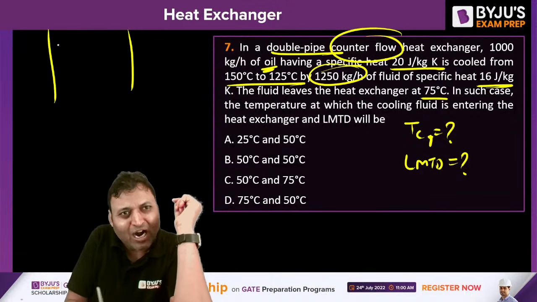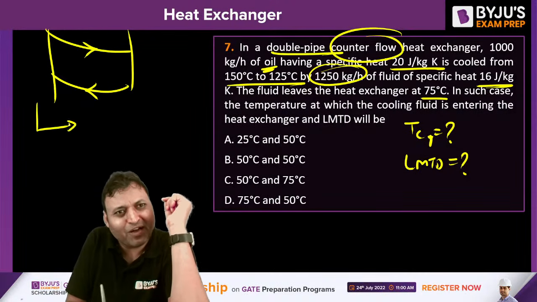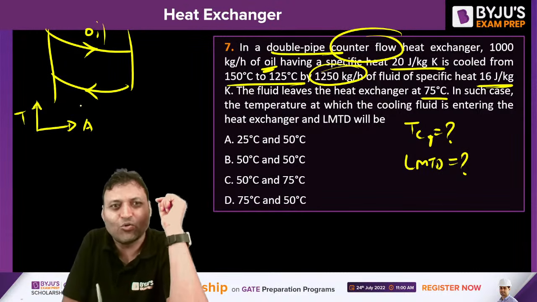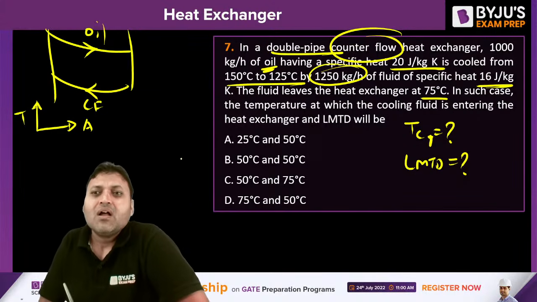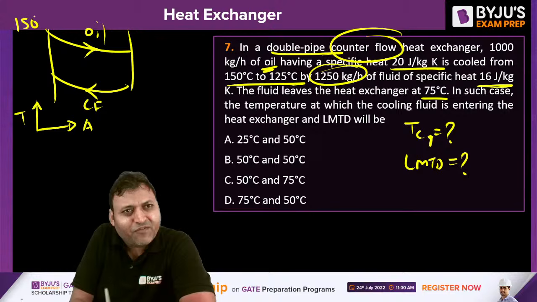If we draw the temperature profile, temperature versus area for counterflow heat exchanger, the hot fluid is oil, cold fluid is not known. Cooling from 150 to 125, this is 150 degrees Celsius, this is 125 degrees Celsius.